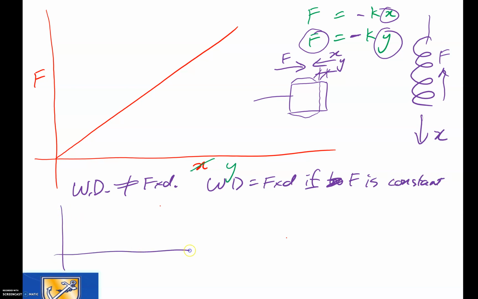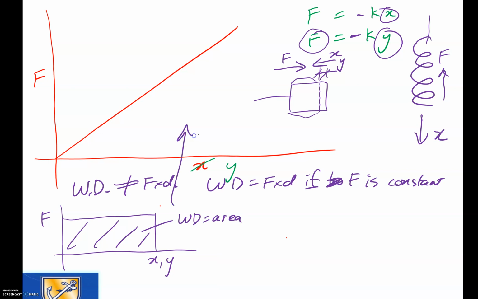What actually is the case is that the work done is equal to the area underneath this curve here. So this is the force, this is the extension, also called the Y, and that work done is equal to the area under it. And for when you get to calculus, that's the integral.